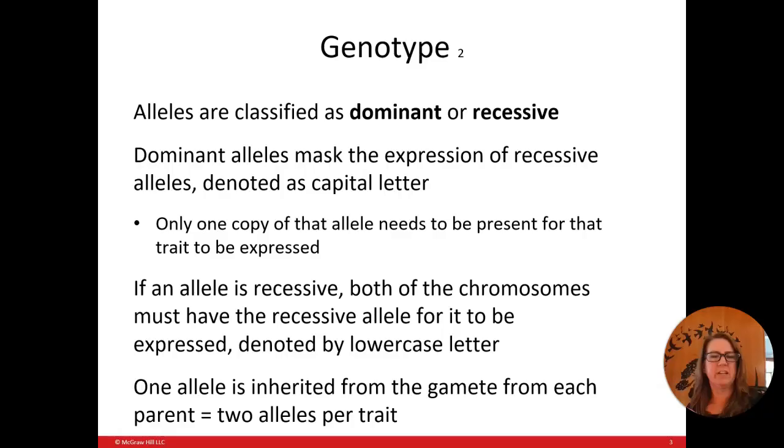Now, if you're a blue-eyed individual, you are recessive, and it takes two recessive alleles to show that recessive genotype, blue eyes. So there's different ways to have dominance, but there's only one way to have the recessive.